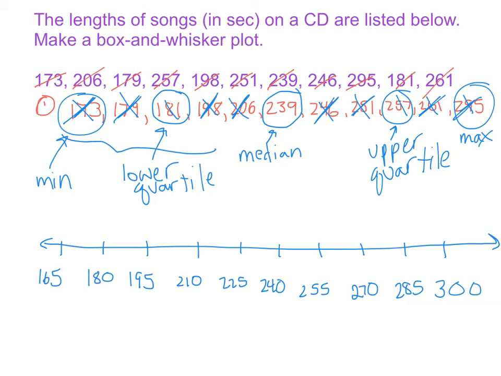Then I've got to take these numbers. 173, that's my minimum. I'm going to put a point where that is, about halfway in between. And I'm going to put a number above it, 173, so people know where that is. The lower quartile is 181, so that would be right here.